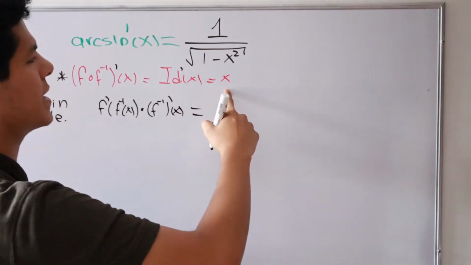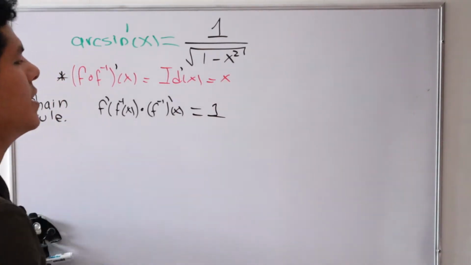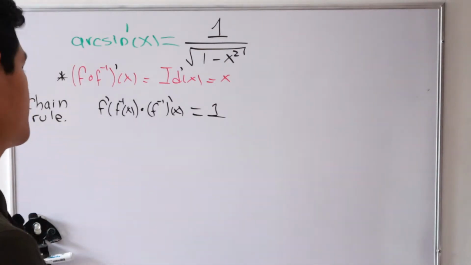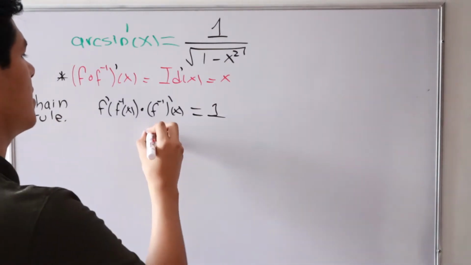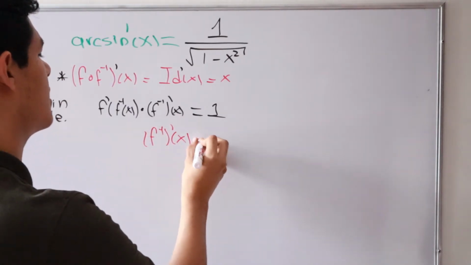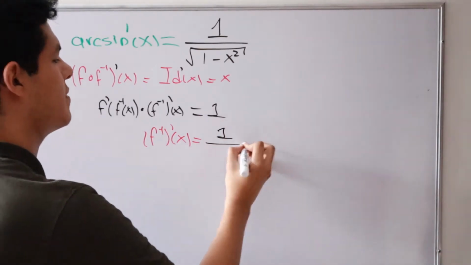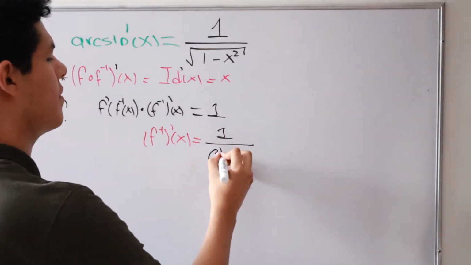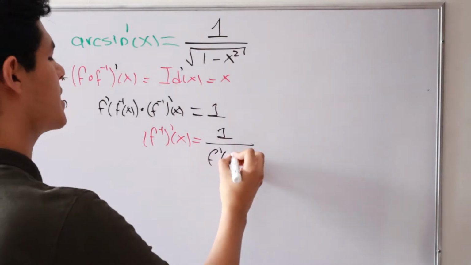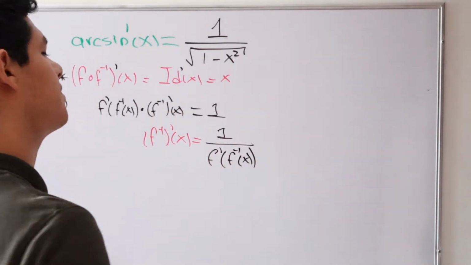And this equals, guys, the derivative of a constant, which equals 1. So in this case, we found that the derivative of the inverse function equals 1 divided by the derivative of f evaluated on the inverse function evaluated on x.